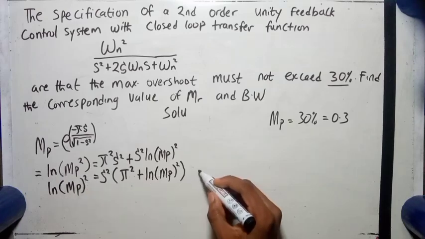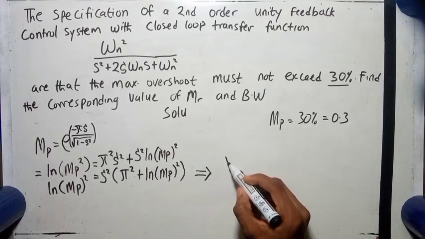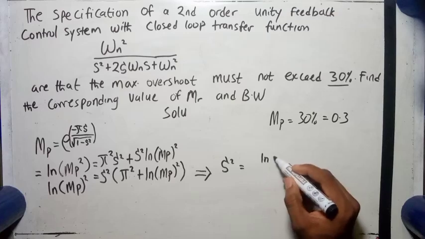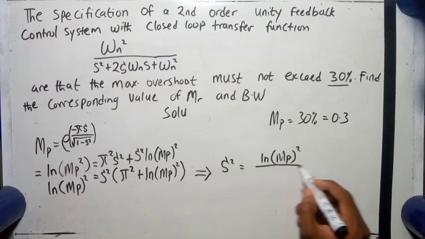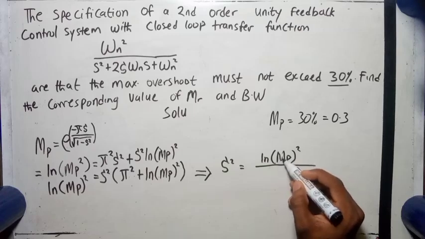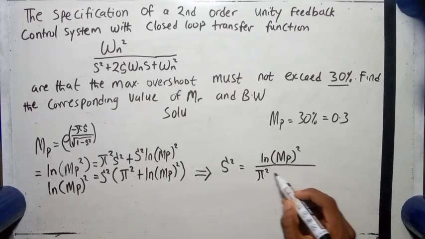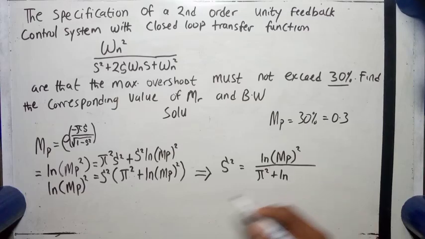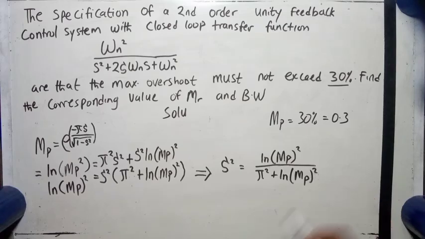Now from here, dividing both sides by this, we then have that zeta square is equal to natural log of mp square over pi square plus 1 and natural log mp square.